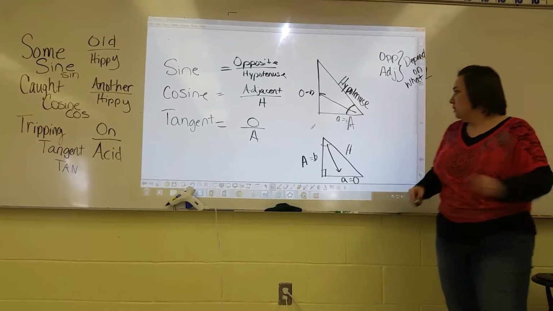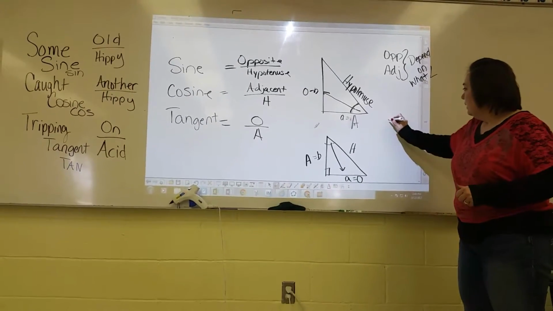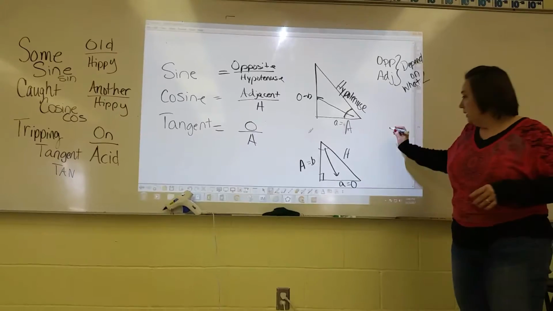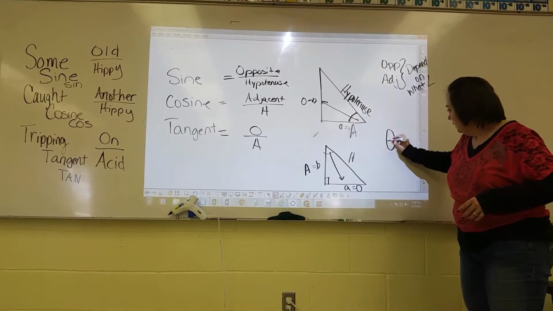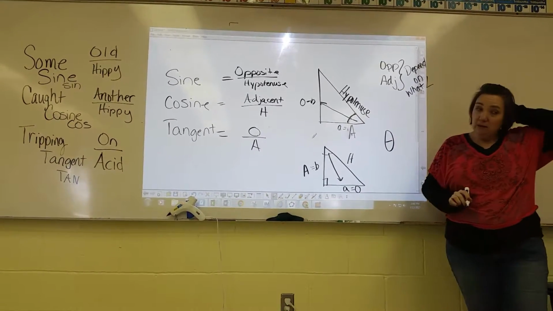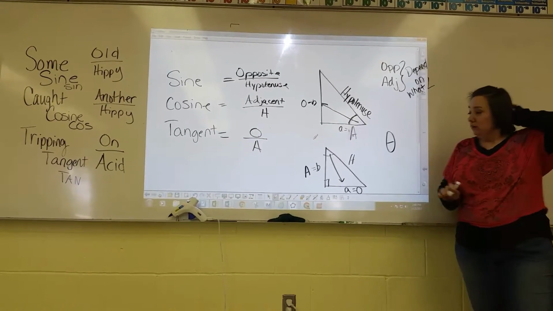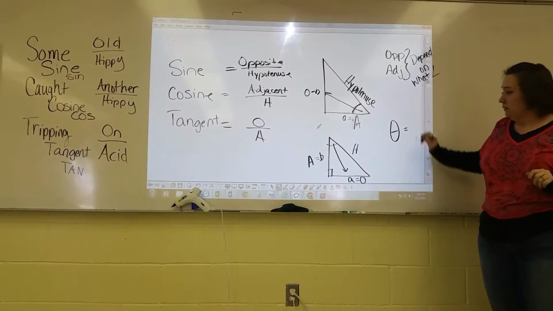Okay, I got another word to teach you. First, I've got a word and a symbol. Here's the symbol. You know what that is? Anybody seen that before? It's a Greek letter.